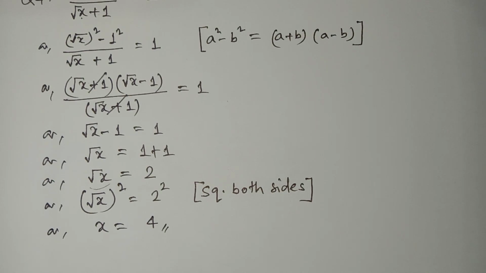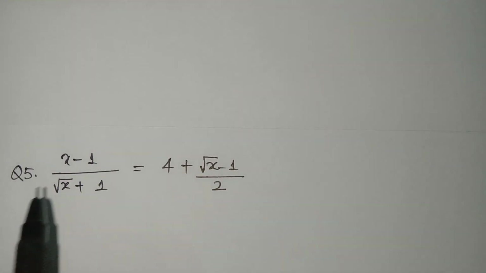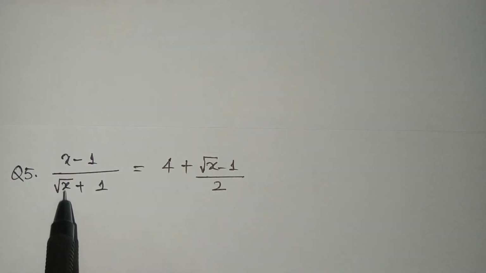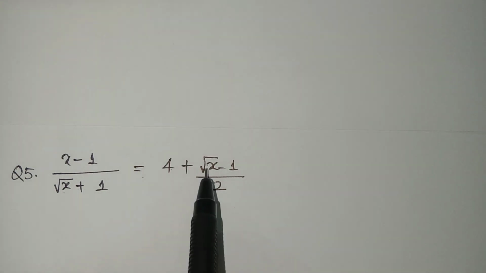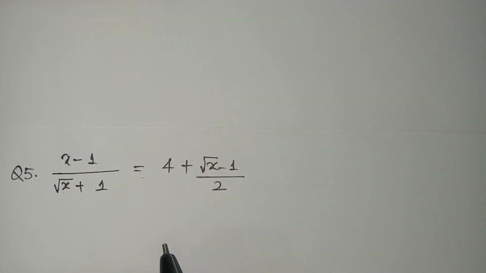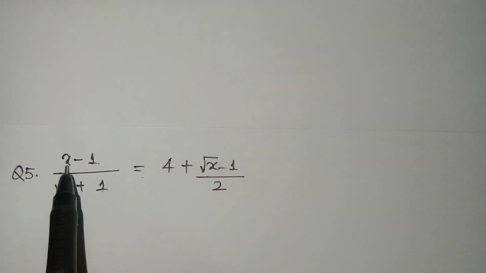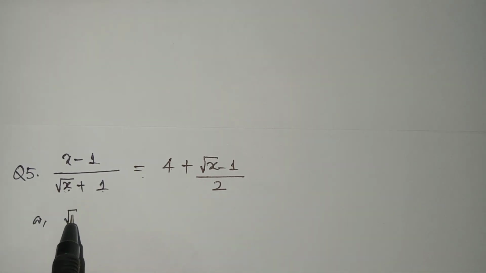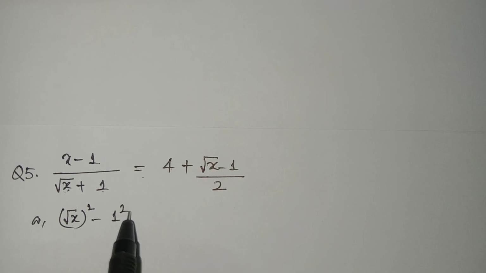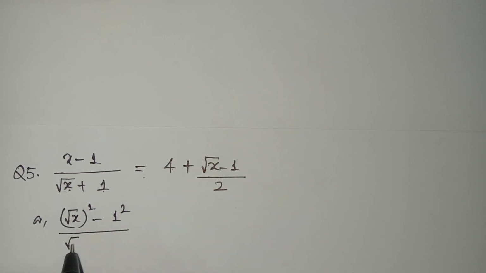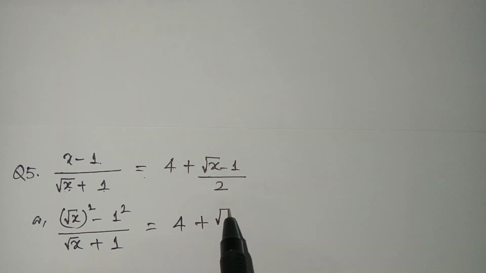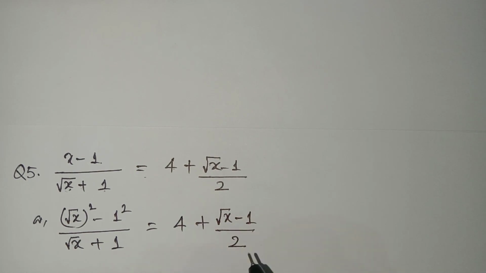Let's check the question. Today's last question is x minus 1 divided by root x plus 1 equal to 4 plus root under x minus 1 divided by 2. Now here what I'm going to do is that 1 is the square of 1 and x is the square of root x. So I'm going to write root x square minus 1 square divided by root x plus 1 equal to 4 plus root x minus 1 divided by 2.